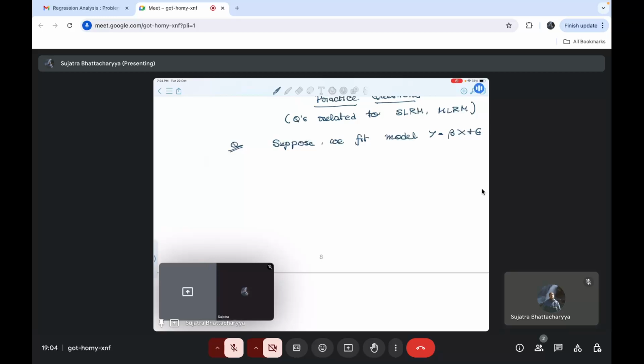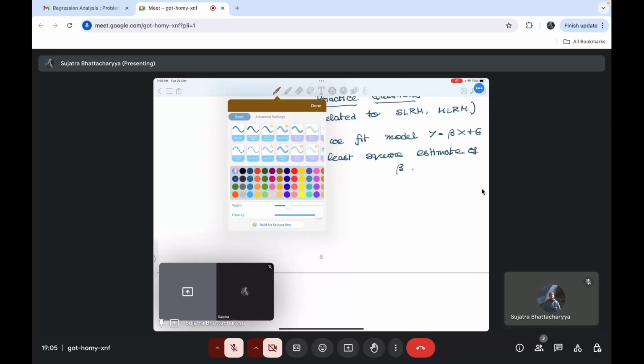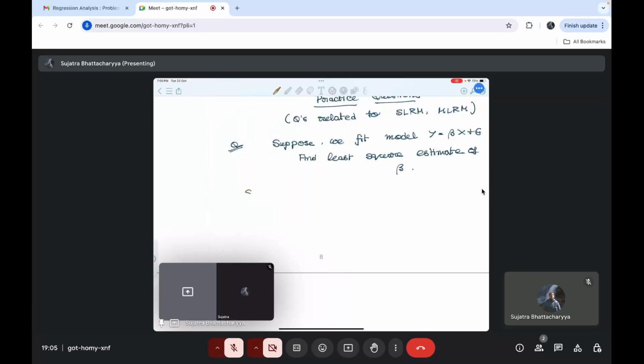You have not used the beta naught, so it's a no intercept equation. The question is to find the least square estimate of beta. So let's solve this.